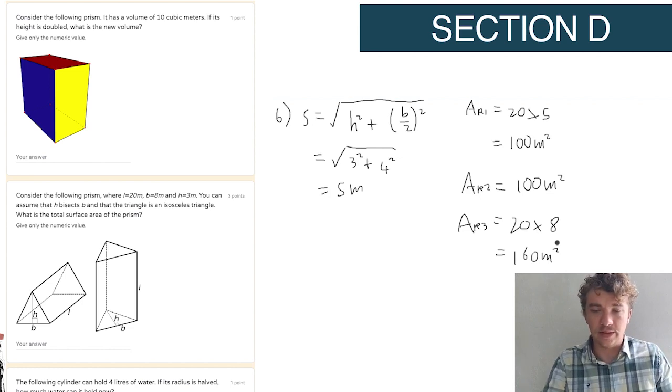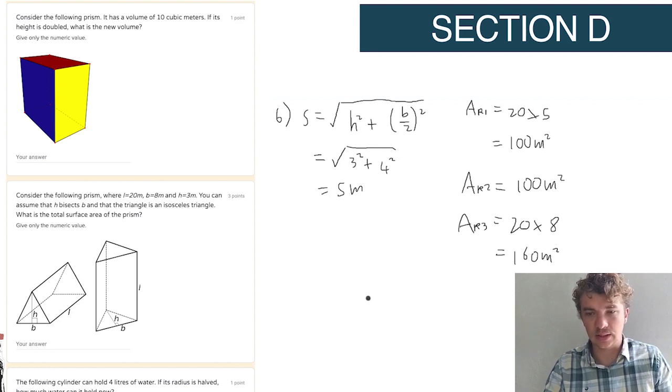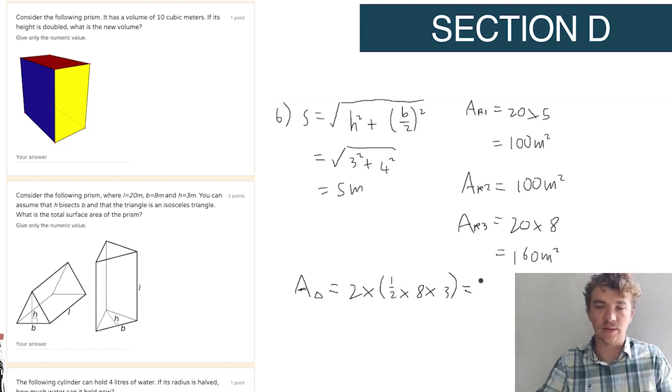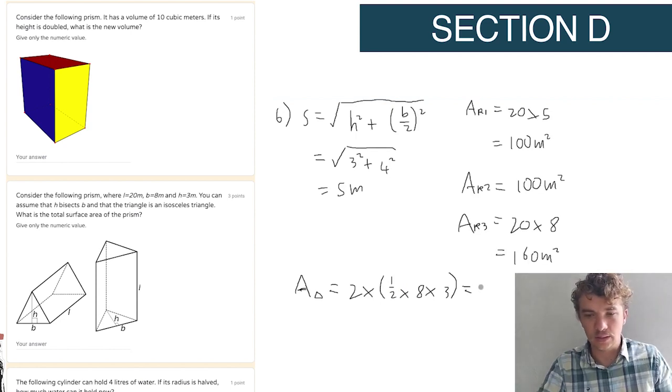And then we're left with the 2 triangles, which are identical. So I'm just going to say that the area of the triangles together is equal to 2 times, because there's 2 of them, the area of a triangle, which is half times its base, which is B, which we know is 8, times its height, which is h, and we're given that h is equal to 3. If you multiply all that together, you get 24 square meters.